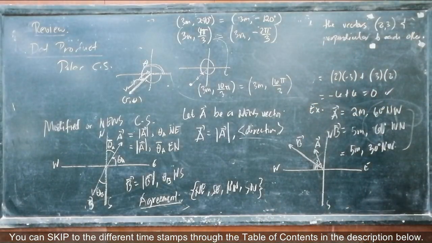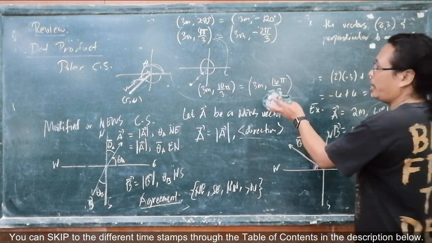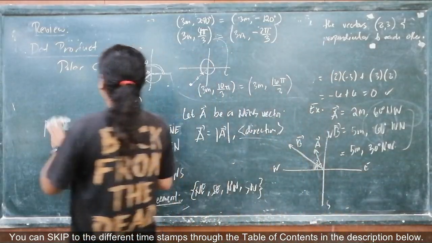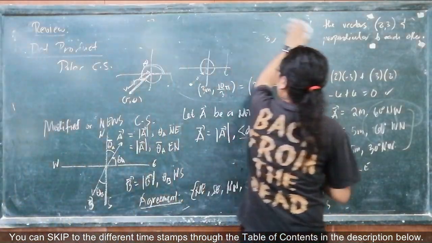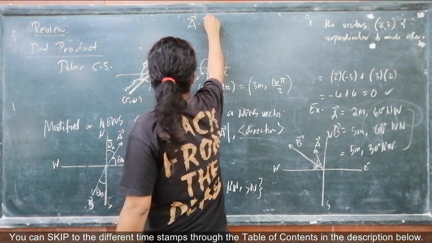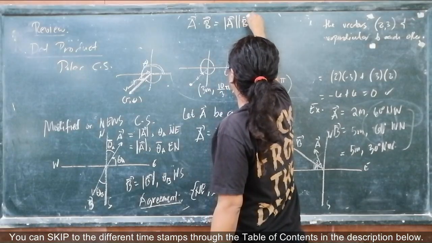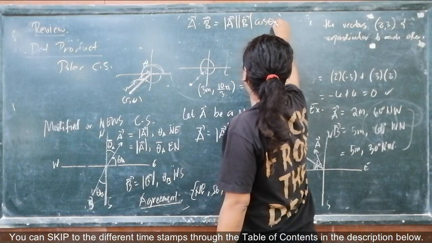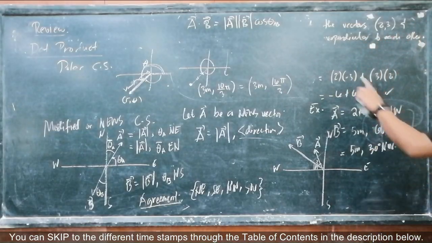Now, as I've said, in this type of vector, let's take the dot product again. The modified form of the dot product is A B cosine of theta AB, right? We can now use this.